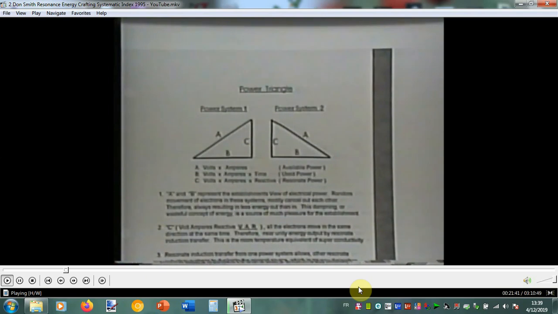These magnetic flux lines are building in intensity as they go towards the top of the coil, and they reach their maximum at or near the top of the coil. Now, at that point, you've got high voltage with not a lot of amps, but the amp business is not going to be a problem for us, because we're only going to be using the lines of magnetic flux.